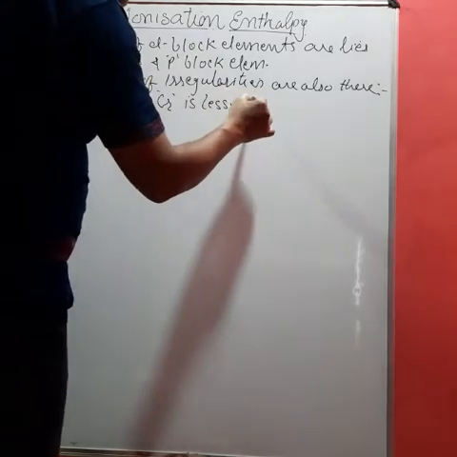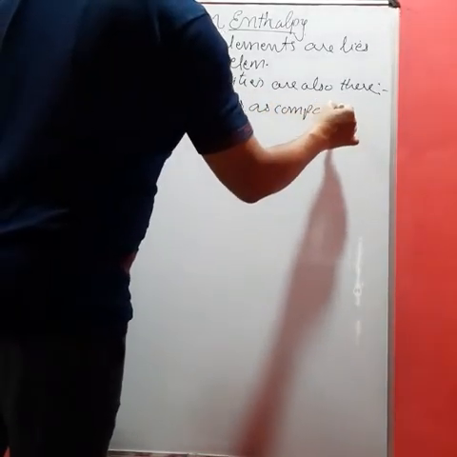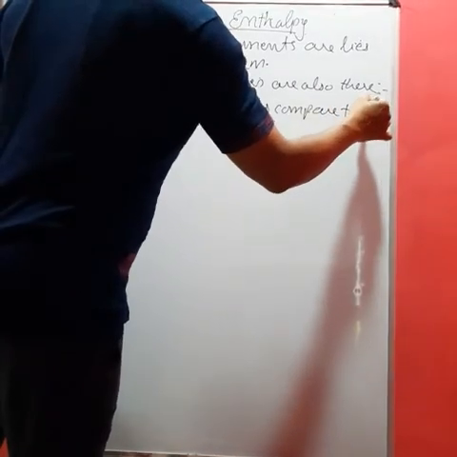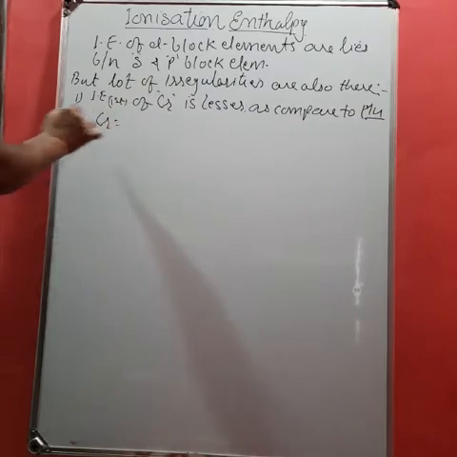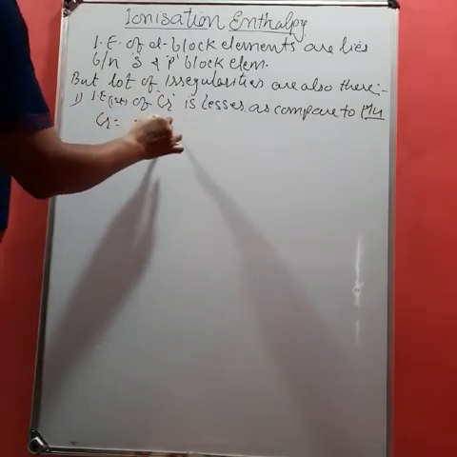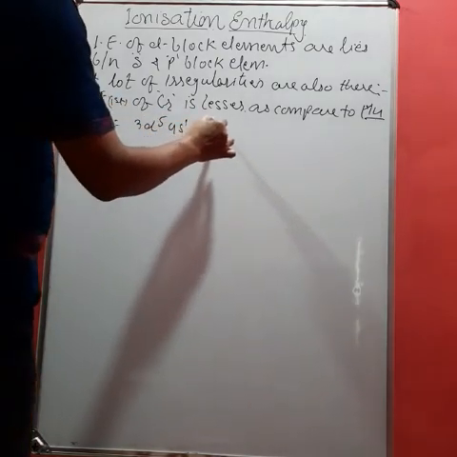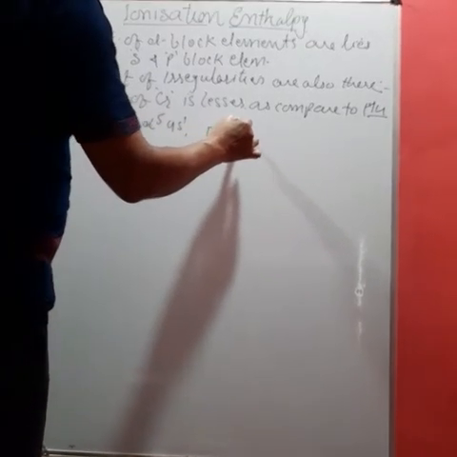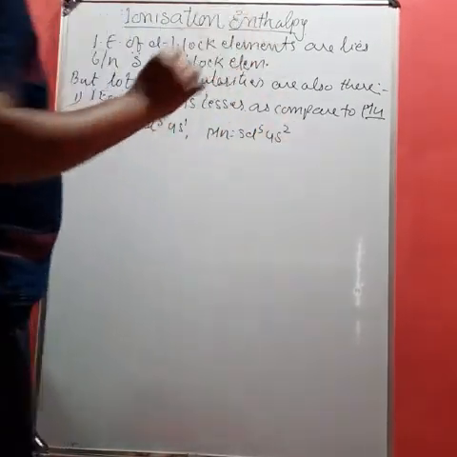But we will compare it with Mn. So first we have to write the configuration. The configuration of Cr is 3d5 4s1. But in the case of Mn, the configuration is 3d5 4s2.